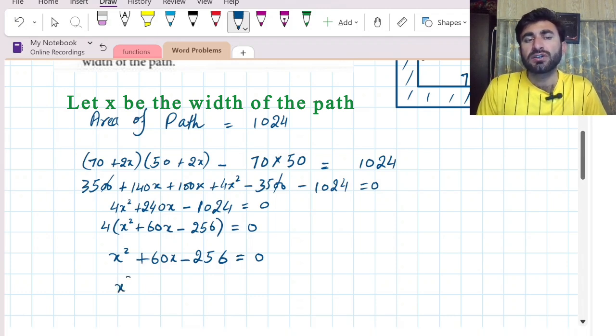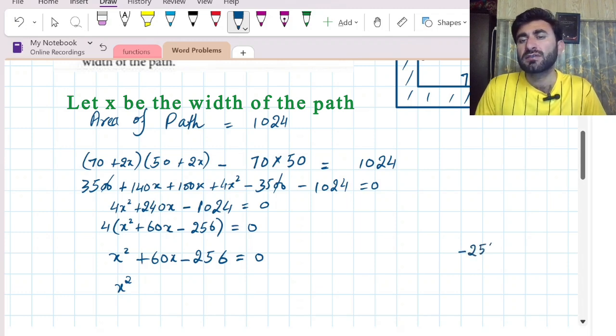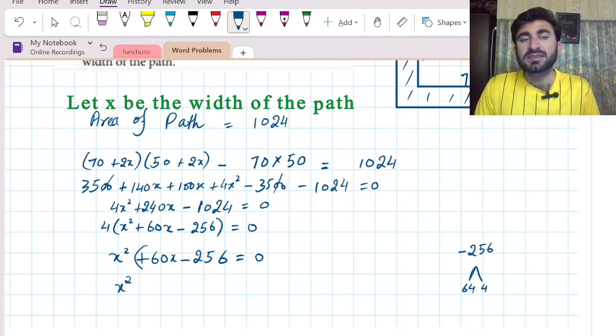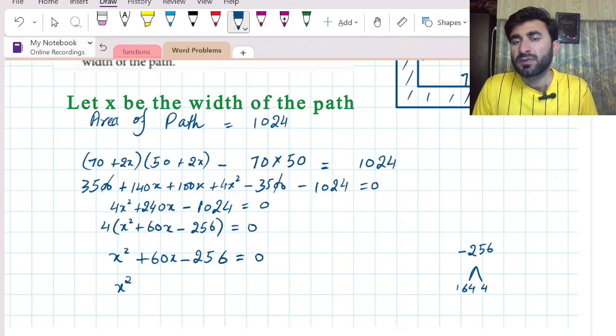So now its factors will be, because we are looking for the factors of negative 256 whose difference is positive 60. So one of the factor will be negative and other will be positive. So hopefully it could be 64 and 4. As we can see, 60 is positive, so the greater term will be positive and the lesser one will be negative.